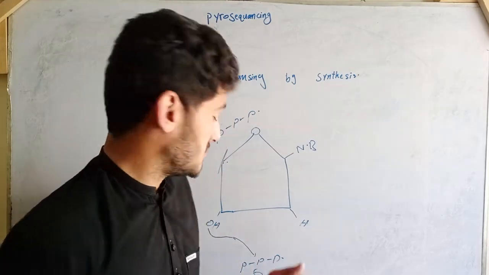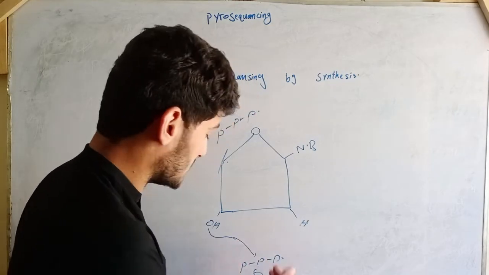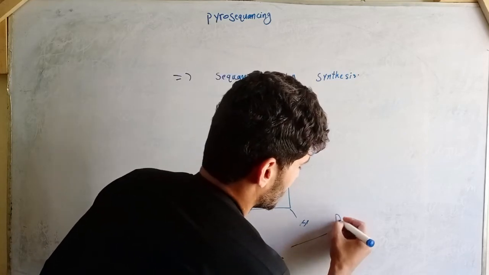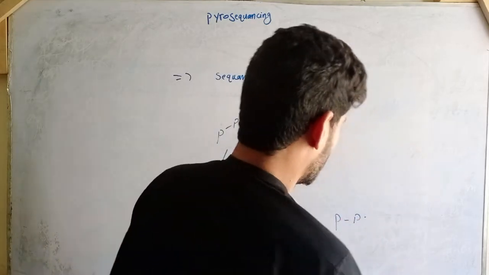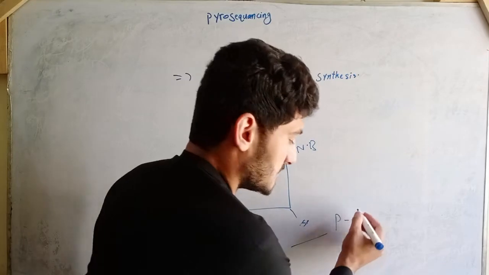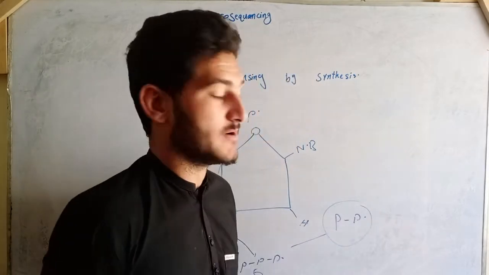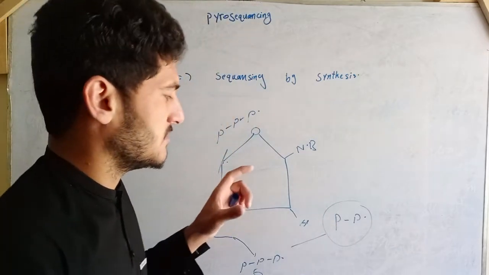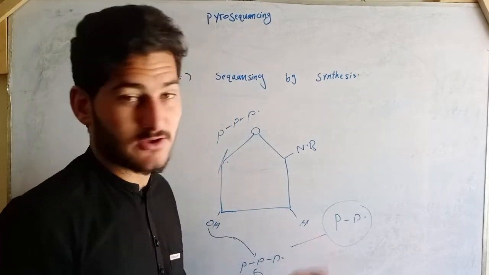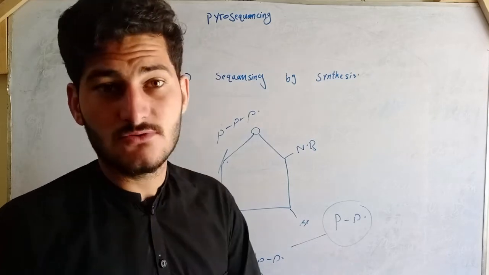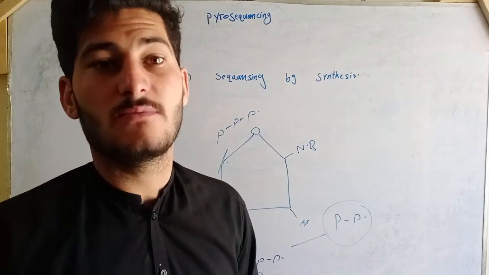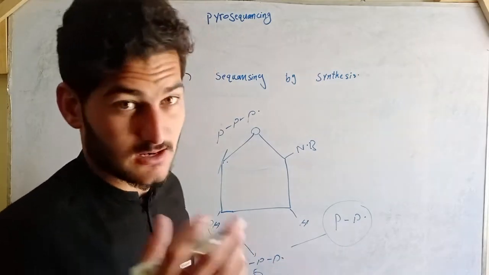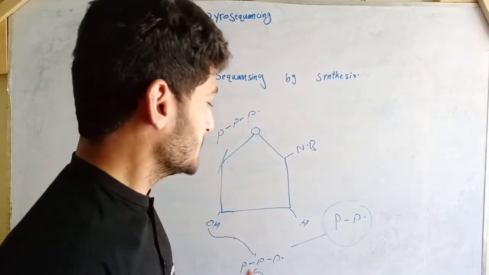So here the two phosphates are removed. These phosphates are called pyrophosphate. Basically, this whole process depends upon this pyrophosphate. When pyrophosphate is removed, in the pyrogram we show that the nucleotide is added and light is produced.